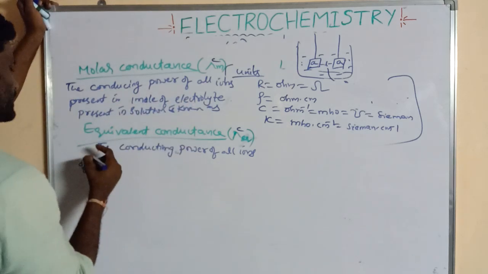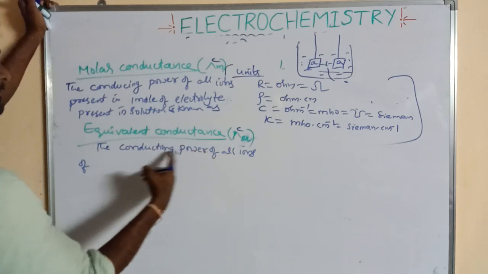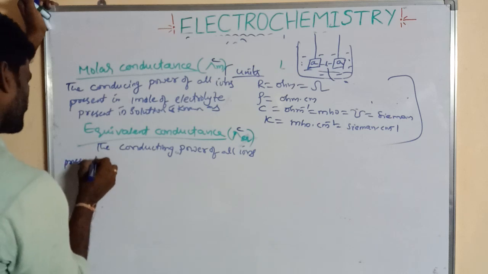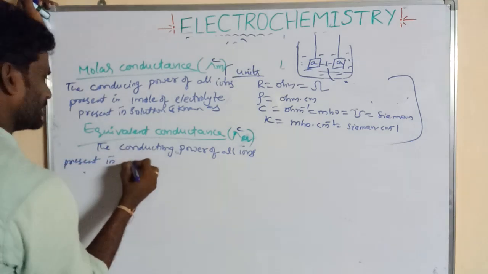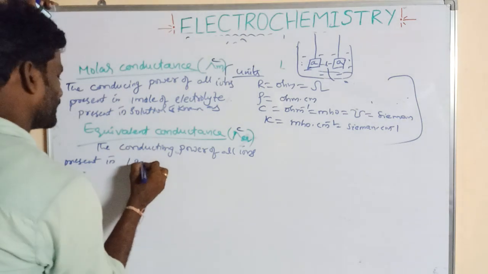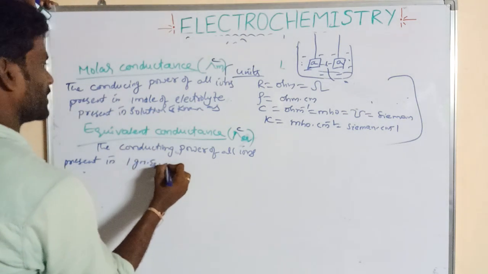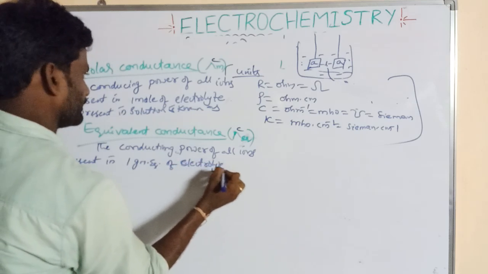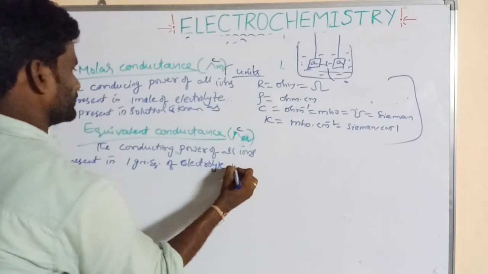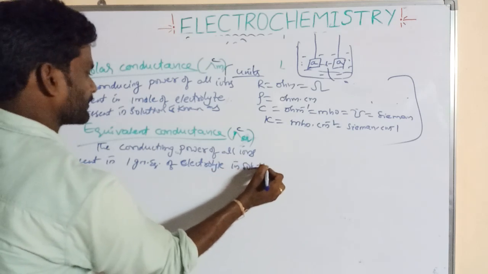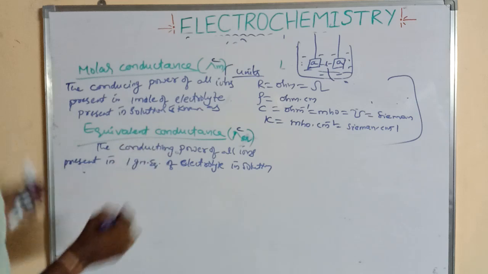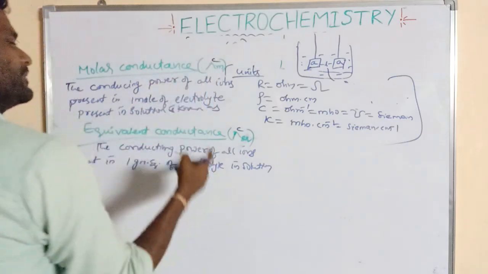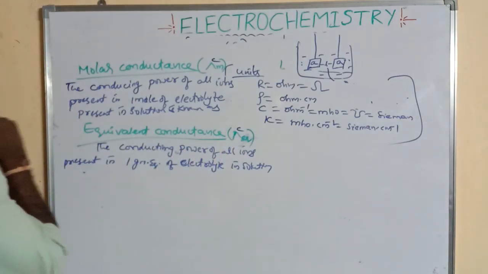The conducting power of all ions present in 1 gram equivalent of electrolyte in solution is known as equivalent conductance. It is represented by lambda EQ.